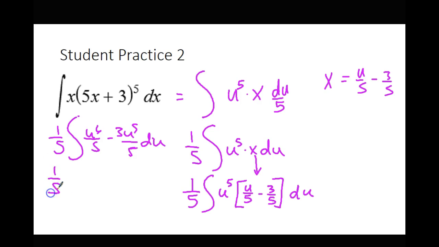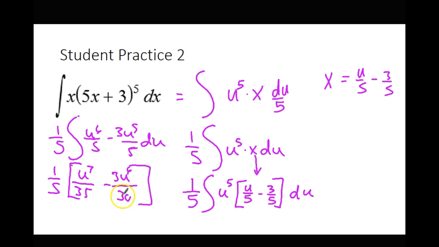So we have that. We're going to integrate, right? So no more integral sign. This is going to become u to the 6 over 30, minus 3u to the 5 over 30. Good.